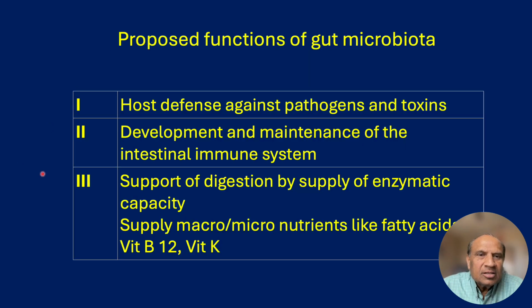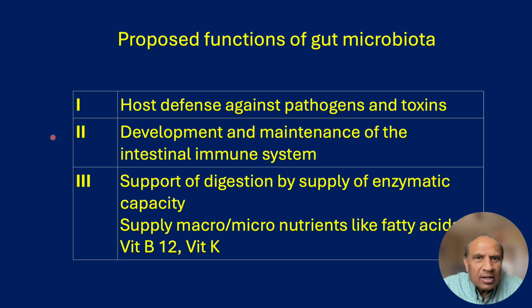So these microbiota or microorganisms in the intestinal tract help the host in many different ways. We just looked at the first: it improves host defense against pathogens. Pathogens are bad bacteria or microorganisms that cause disease and toxins.